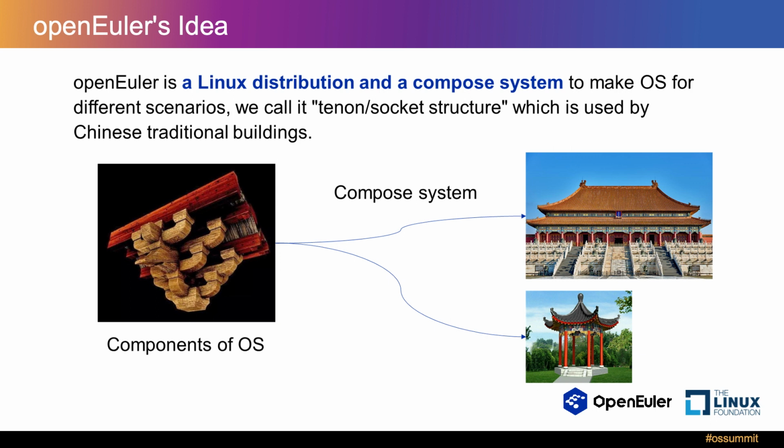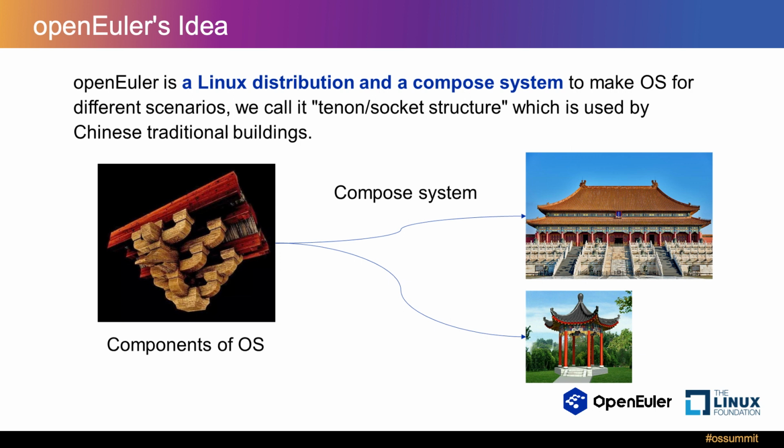We can see it as the key component of an OS, like the kernel, the driver, and etc. And with this base structure and a perfectly designed toolchain, we can compose different types of buildings. Like in the traditional Chinese building, we can build the Forbidden City and also a small pavilion with the same basic structure. This is quite similar to our OS story. We can use the same basic components to build up OS for different scenarios.